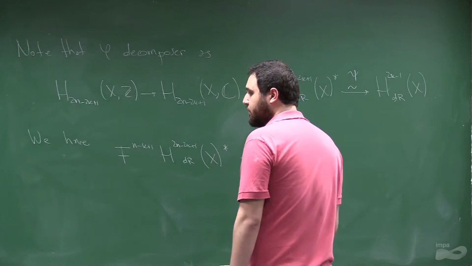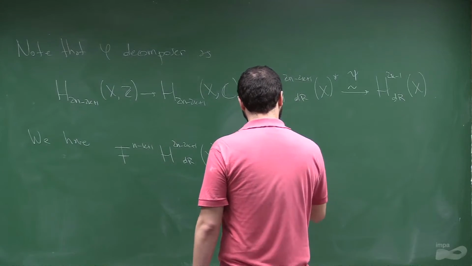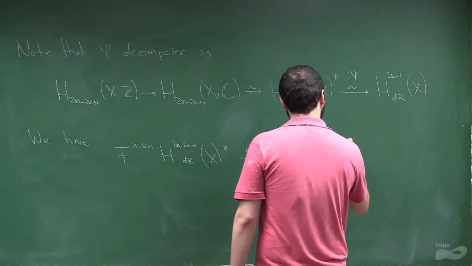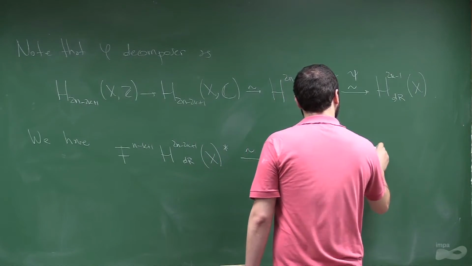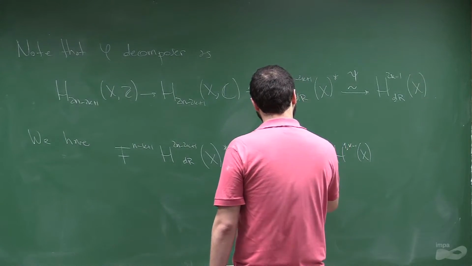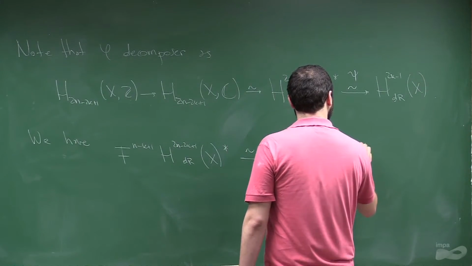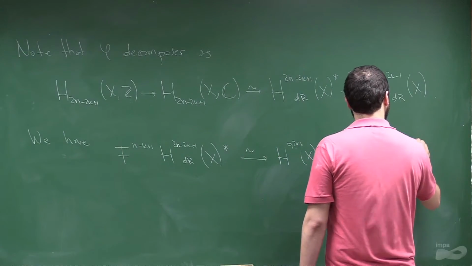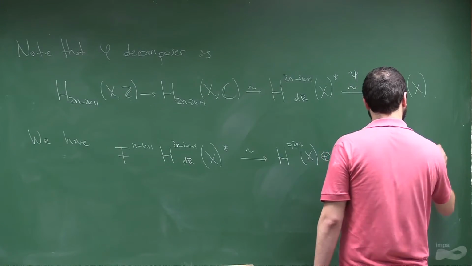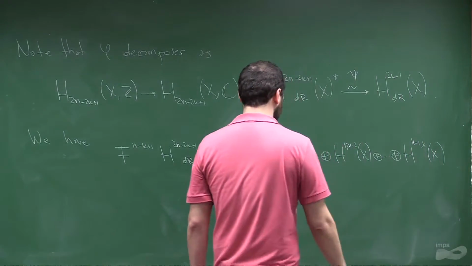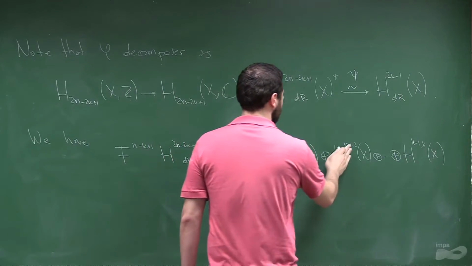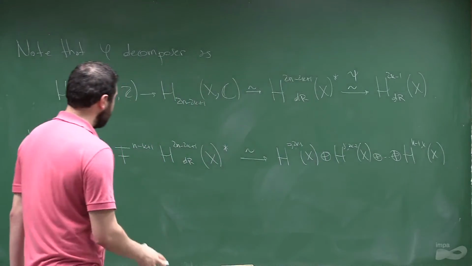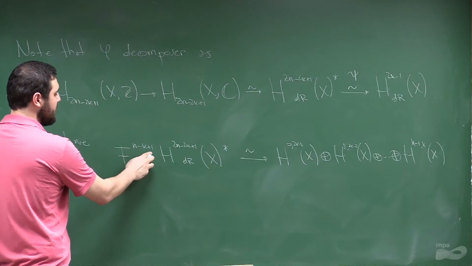It will go to this part, like H^{0,k} of X plus H^{1,k-1} of X. It's not k, it's 2k-1, 2k-2, until H^{k-1,k} of X. I mean, this filtration starts from n-k+1.